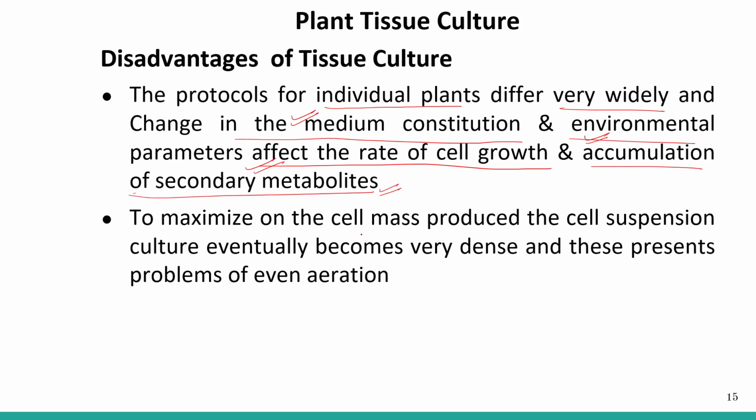To maximize the cell mass produced, the cell suspension culture eventually becomes very dense, and this presents problems of even aeration. Sometimes aeration becomes the problem, and in the suspension in which the cells are there, you should provide the aeration. So these are some sort of disadvantages in this particular technique.